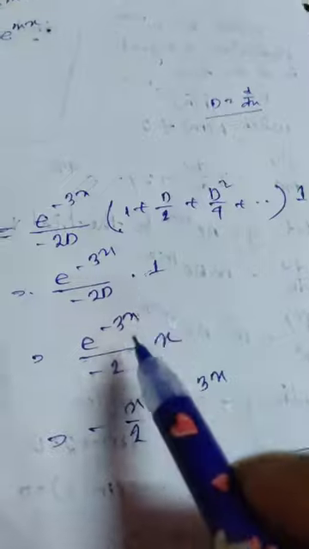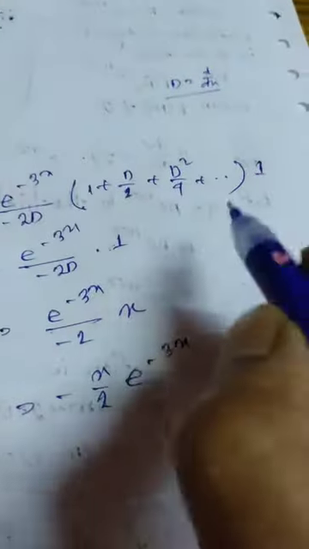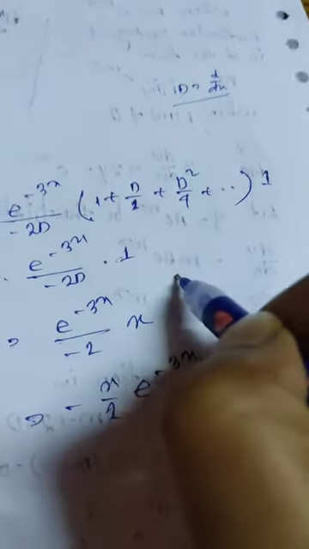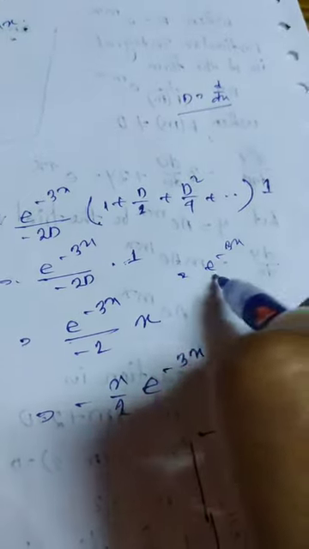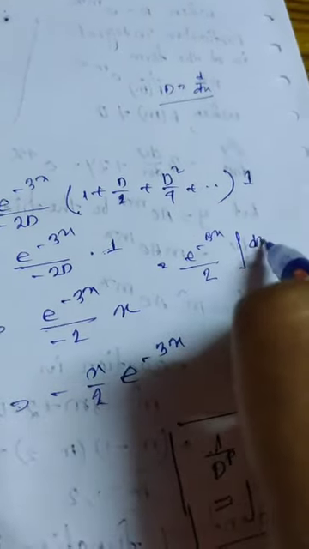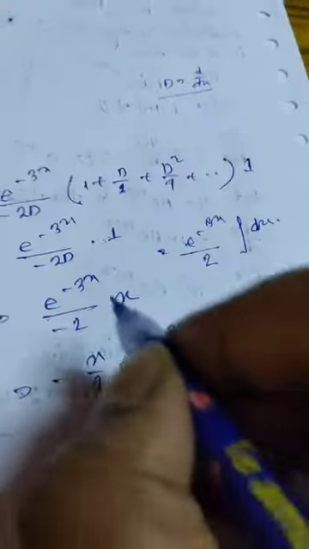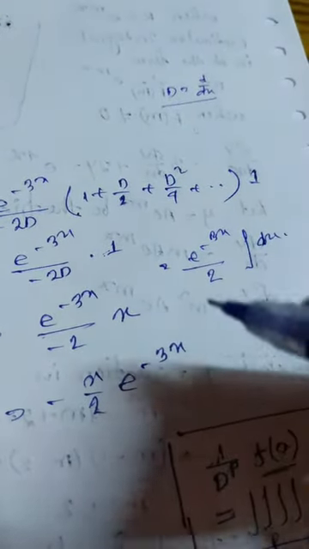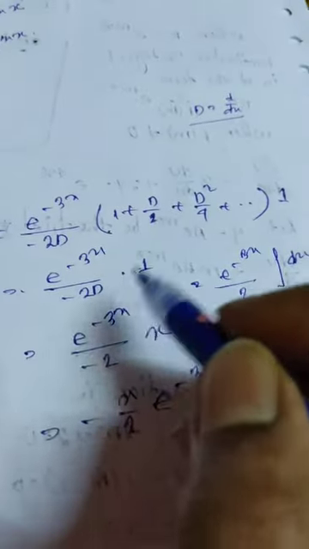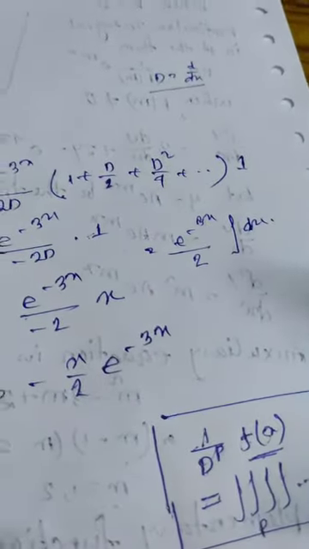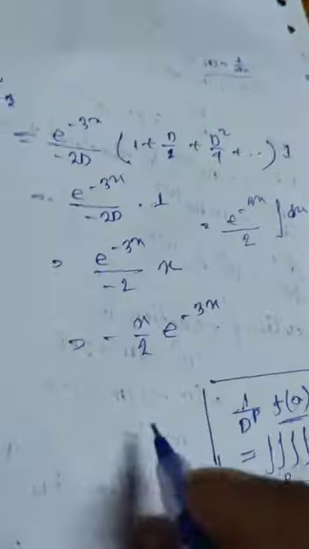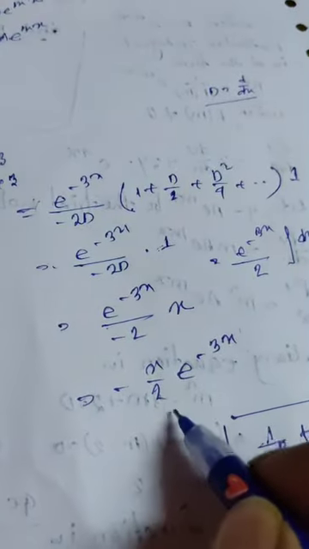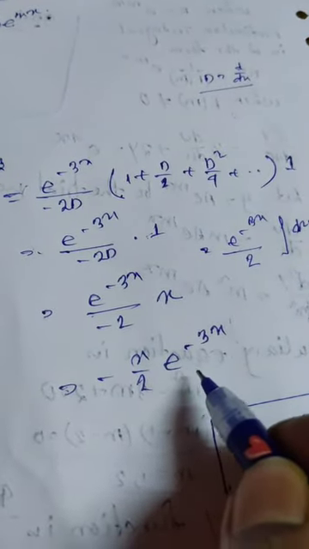So if we integrate one time, here e to the power minus 3x by minus 2, integration dx, we will get e to the power minus 3x by minus 2 of x. If this was D square, we would have to integrate 2 times. Now the solution is minus x by 2 e to the power minus 3x.